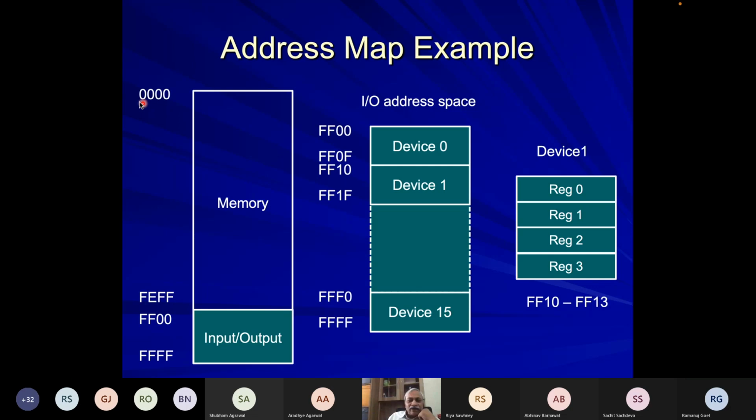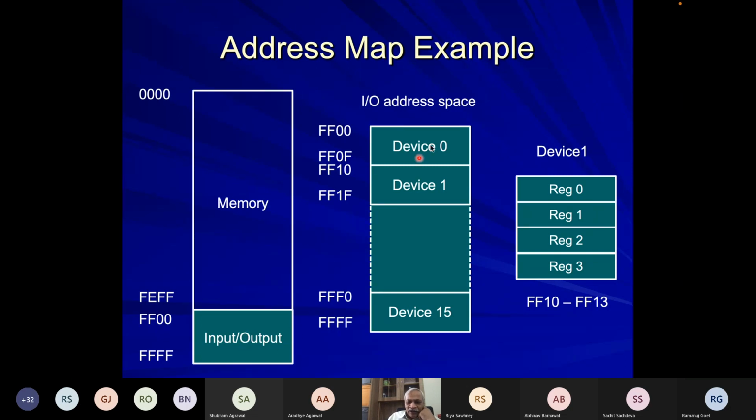As an example, suppose you have memory addresses going from hexadecimal 0000 to FFFF. Then you could say that from address FF00 onwards, I am reserving for input output. That becomes your address space for IO devices.